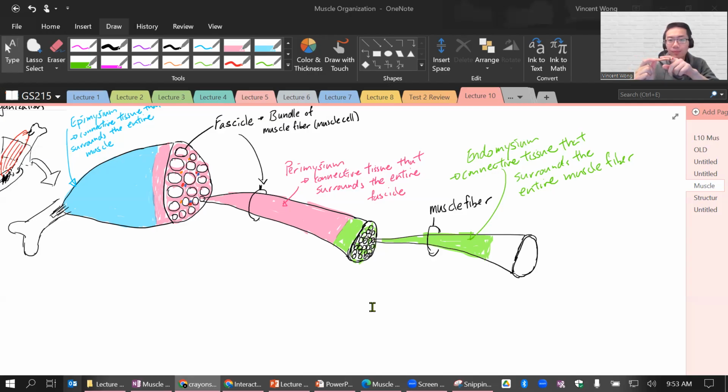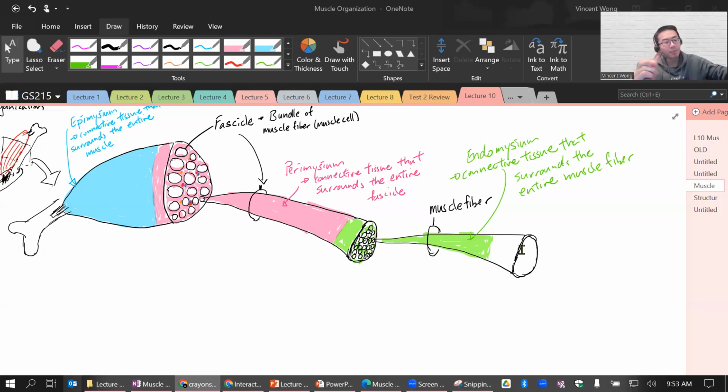The paper that goes around the muscle fiber, what do you think that is? The epimysium, the endomysium, or the perimysium? Which one? Endo, yeah. This is the muscle fiber, the innermost one. So this would be the single muscle cell, and then you have the endomysium, the paper.